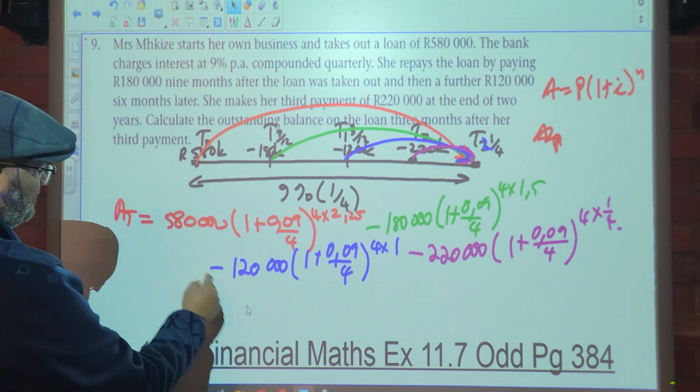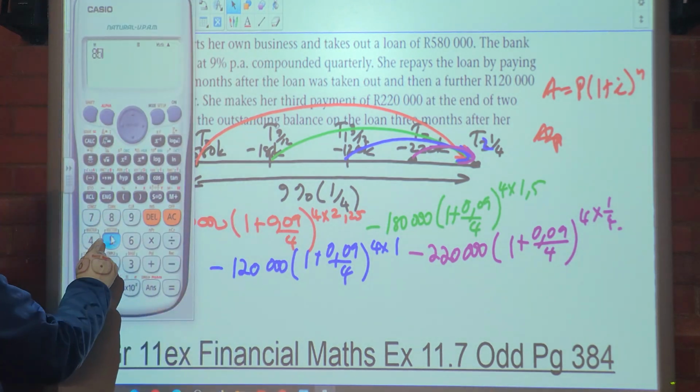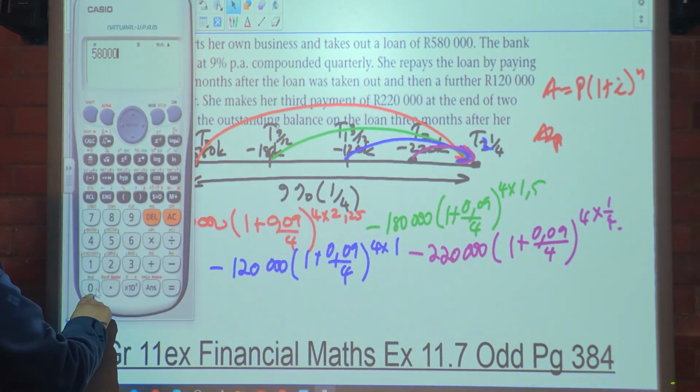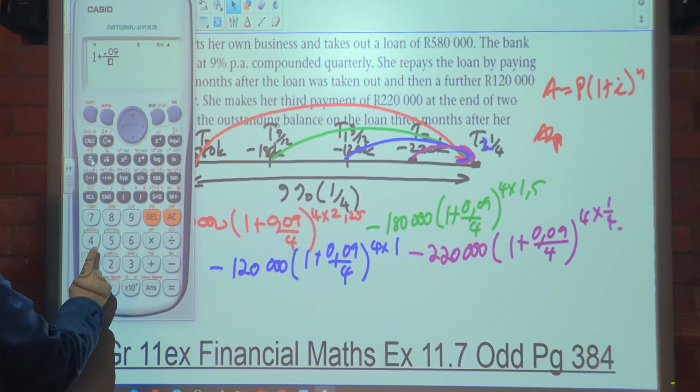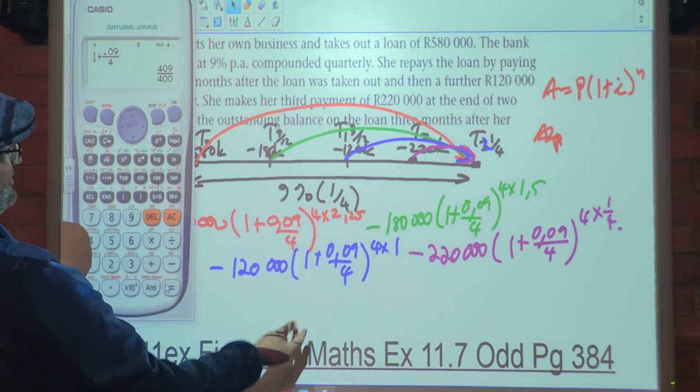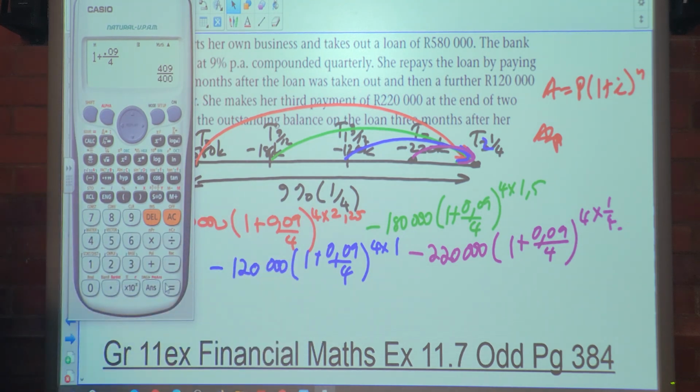So when we start with 580,000 rand, first I'm going to put 1 plus 0.09 over 4. As you can see, this thing is fairly large. I don't think the calculator will be able to read that.